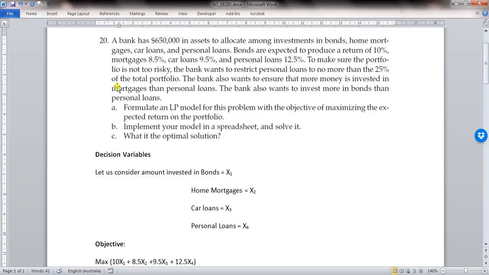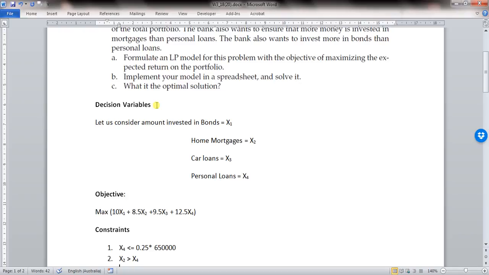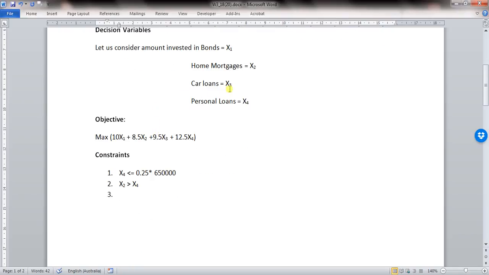The bank also wants to invest more in bonds than in personal loans. So x1 should be greater than x4.